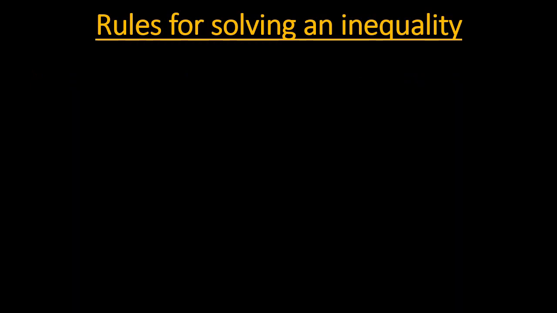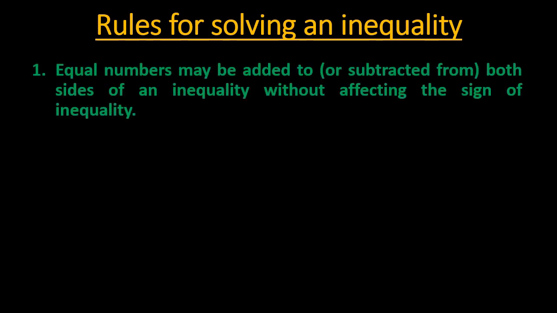Now before solving the problems related to linear inequality, we must know the rules. Altogether there are two rules. So let us first discuss rule number 1. Equal numbers may be added to or subtracted from both sides of an inequality without affecting the sign of inequality. So in linear inequality, just like in linear equations in algebra, here also we can add or subtract the same number on both sides, and it will not affect the inequality sign.